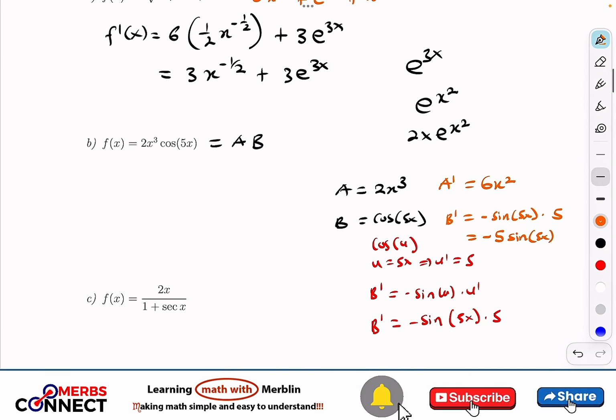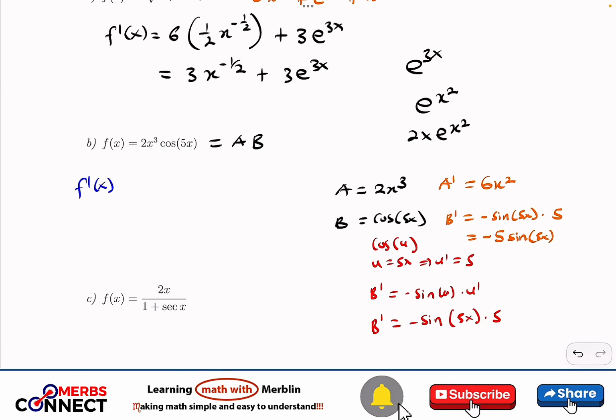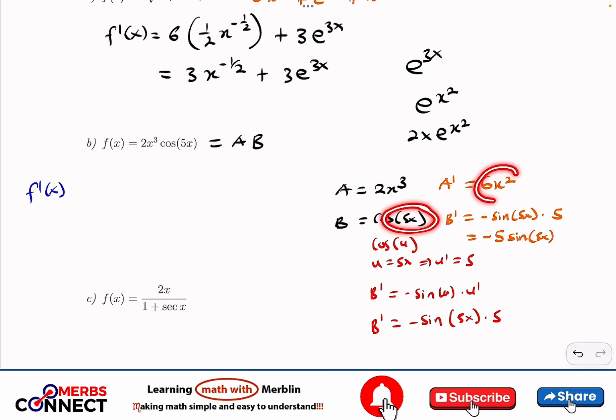So now let's finalize f prime of x using the product rule. This is going to give us just this times this, and then this times that. Then we are done. So let's do that.